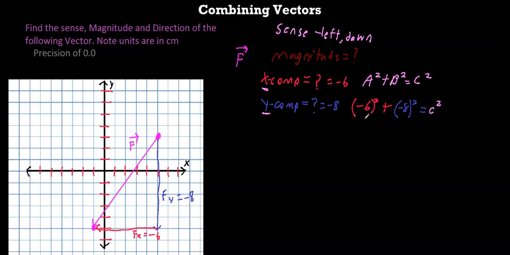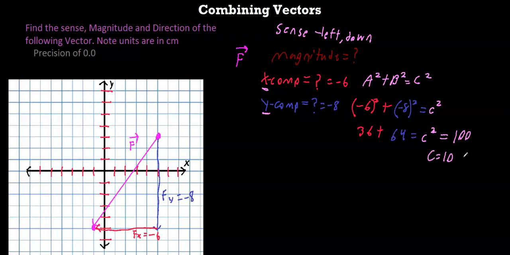Well, -6 times -6 is positive 36, plus -8 times -8 is positive 64, equals c squared. Well, 36 plus 64 equals 100. So c squared equals 100, which means c equals 10, because the square root of 100 is just 10.